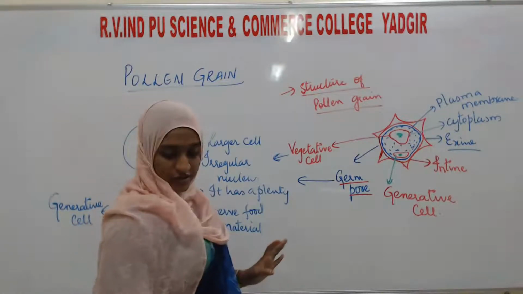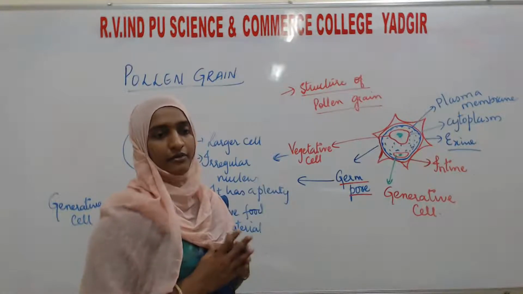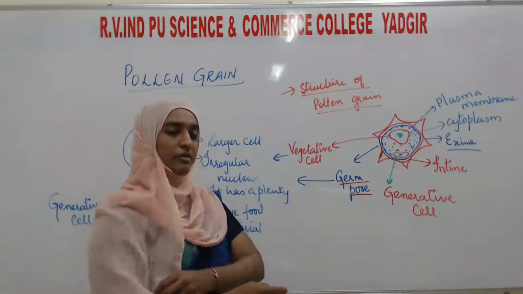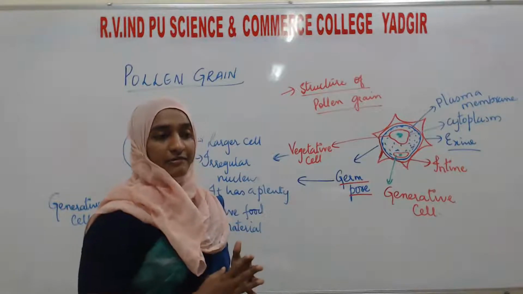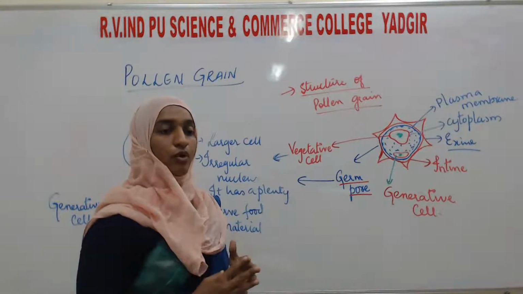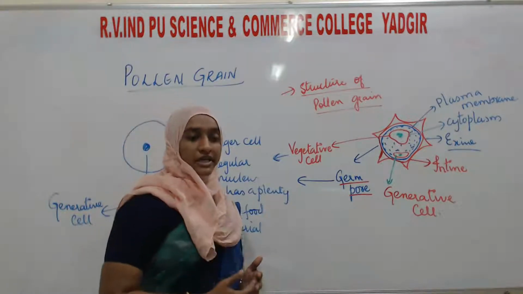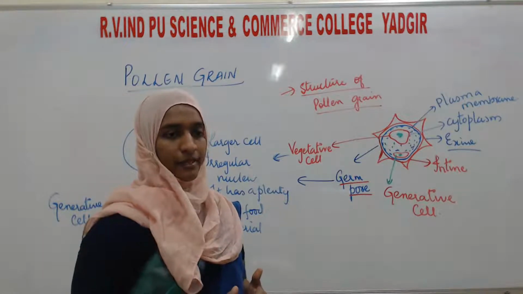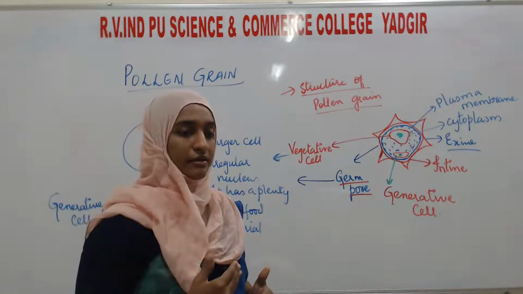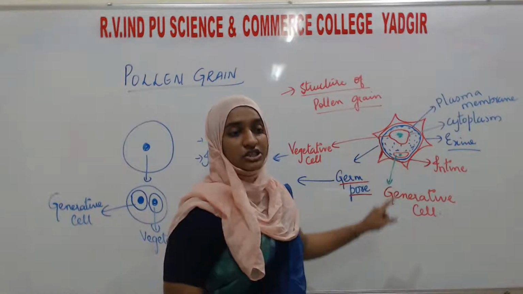Okay, so see here, the exine is the outermost, harder layer, which acts as a protective layer, and it is highly resistant due to the presence of a chemical substance known as sporopollenin, which is highly resistant to heat, temperature, strong acids, strong bases. Then inner to that is the vegetative cell, and the smaller cell is the generative cell.